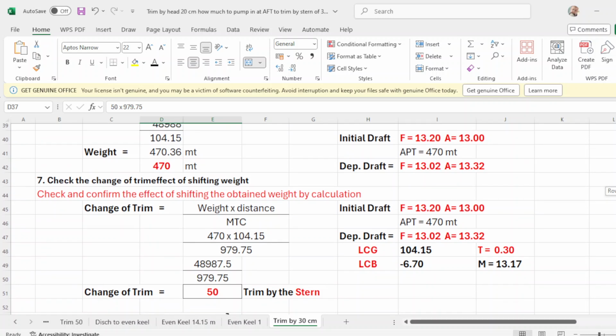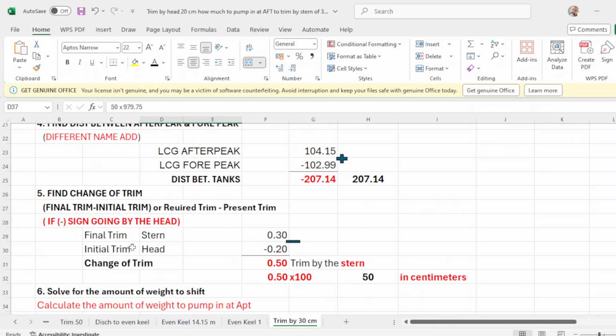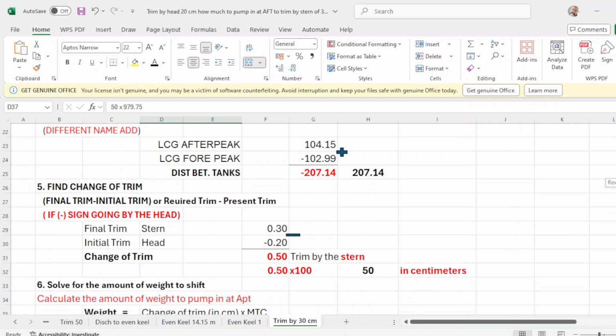What will be the change of trim? This is a long method, but the shortest method for the change of trim, we just add your final trim, which is your trim by the stern, and the initial trim. Remember that you just add these two together, then you will have a 50 centimeters trim by the stern, or 0.50 meters.